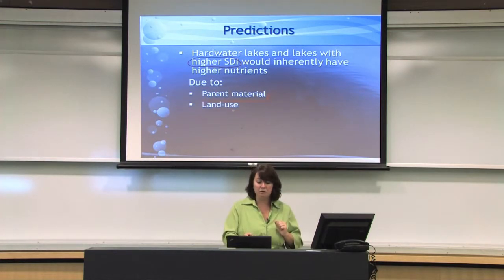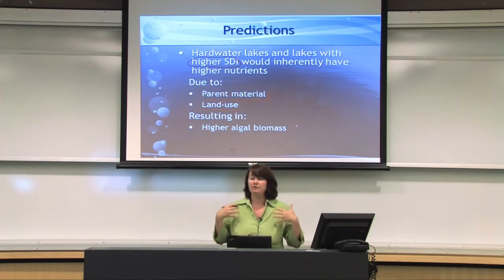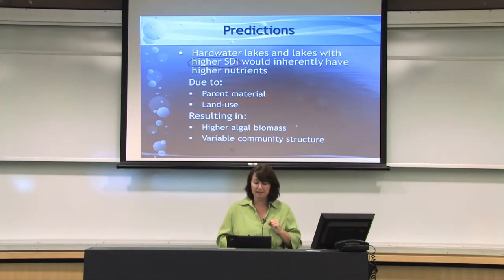Land use, of course, is going to be important, as I just talked about. And these, in conjunction, would cause higher algal biomass, because if you have higher phosphorus or higher nutrients, the algae would respond to those nutrients and be in higher abundance, as well as variable community structure.